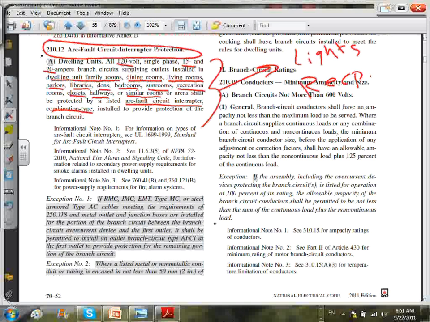So this combination type looks at series and parallel arcs. A parallel arc is here's a hot and here's a neutral, and you're arcing between these two. That will be my parallel arc.